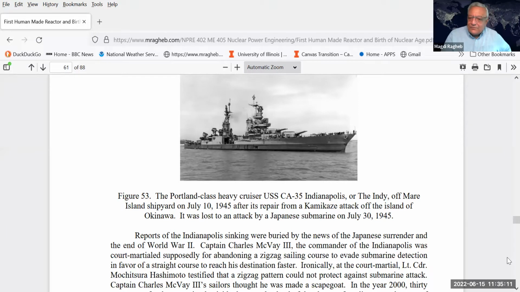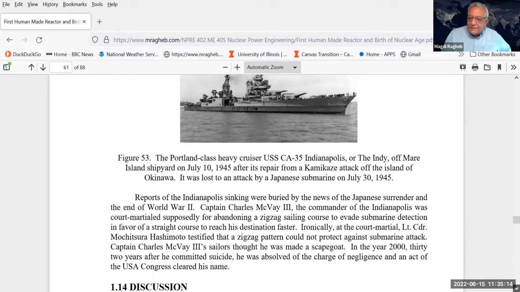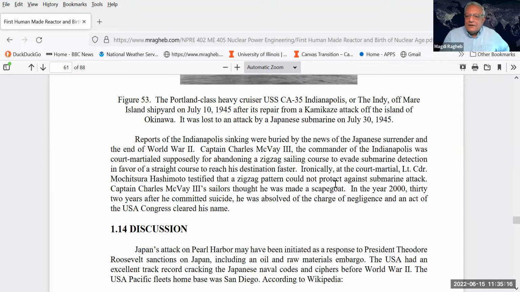And the captain, 32 years later, committed suicide because he was so upset. He was absolved of the charge of negligence by an act of the United States Congress, which cleared his name at the request of his own sailors.